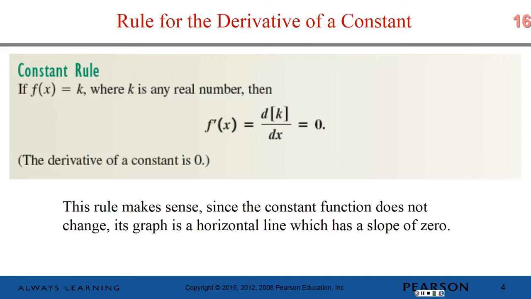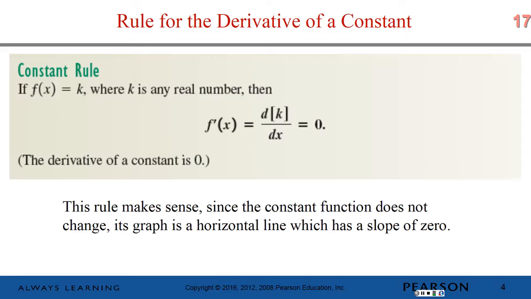So the first rule we're going to have is called the constant rule, and on your notes pages, it's listed at the very top, and it says that if f of x is a constant, like f of x equals 10, or f of x equals pi, or f of x equals 2,012,000, if it's just a number, then the derivative is 0.